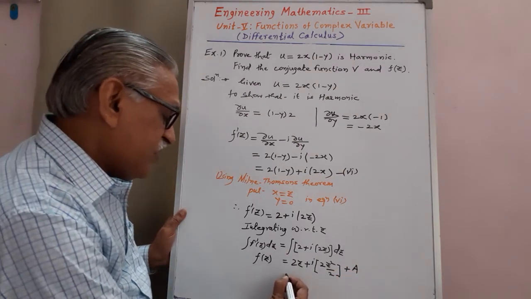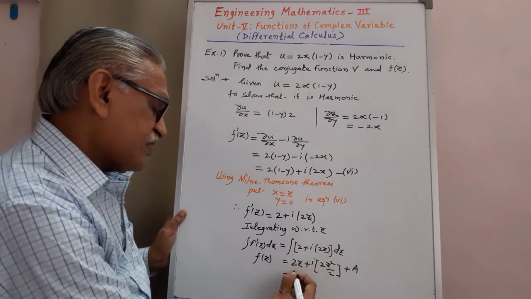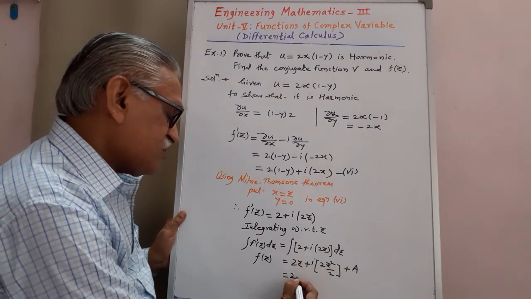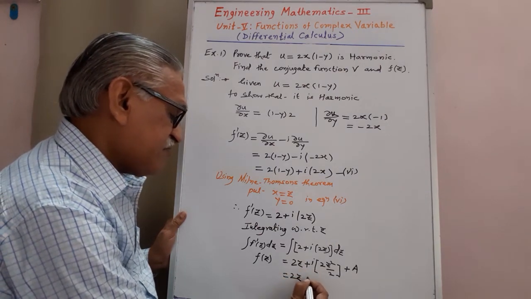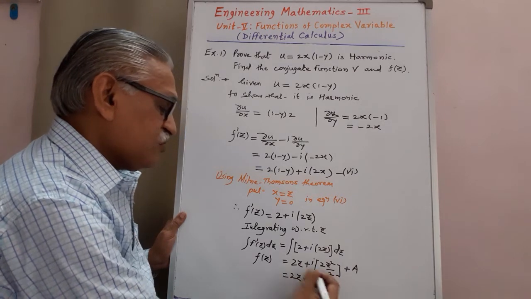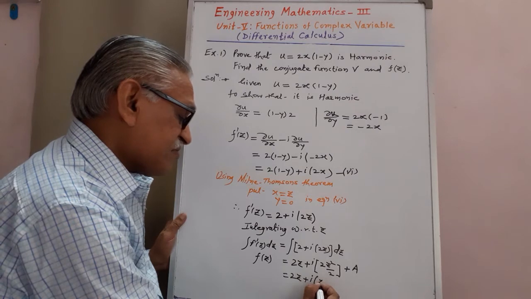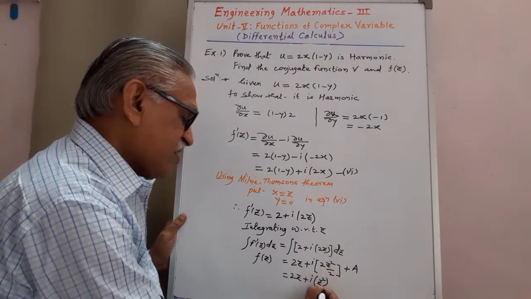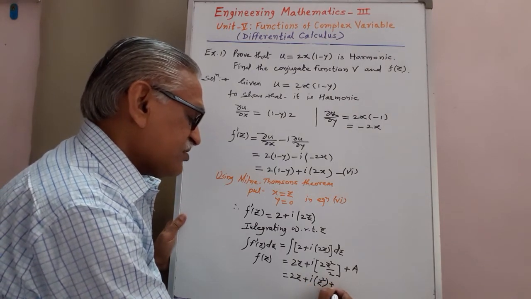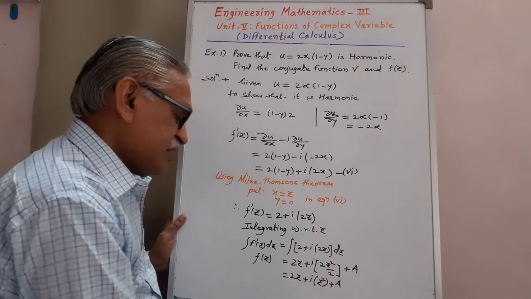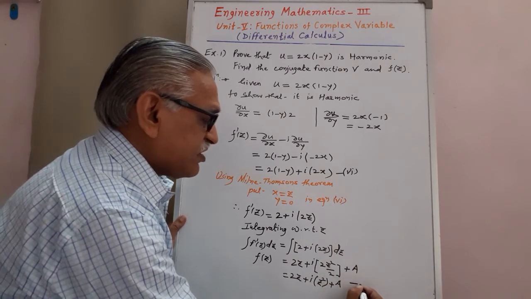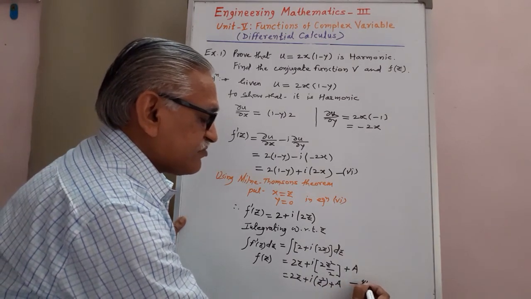Therefore we have f(z) as 2z plus, 2 getting cancelled, i times z squared plus that constant of integration A. We call this equation number 7.